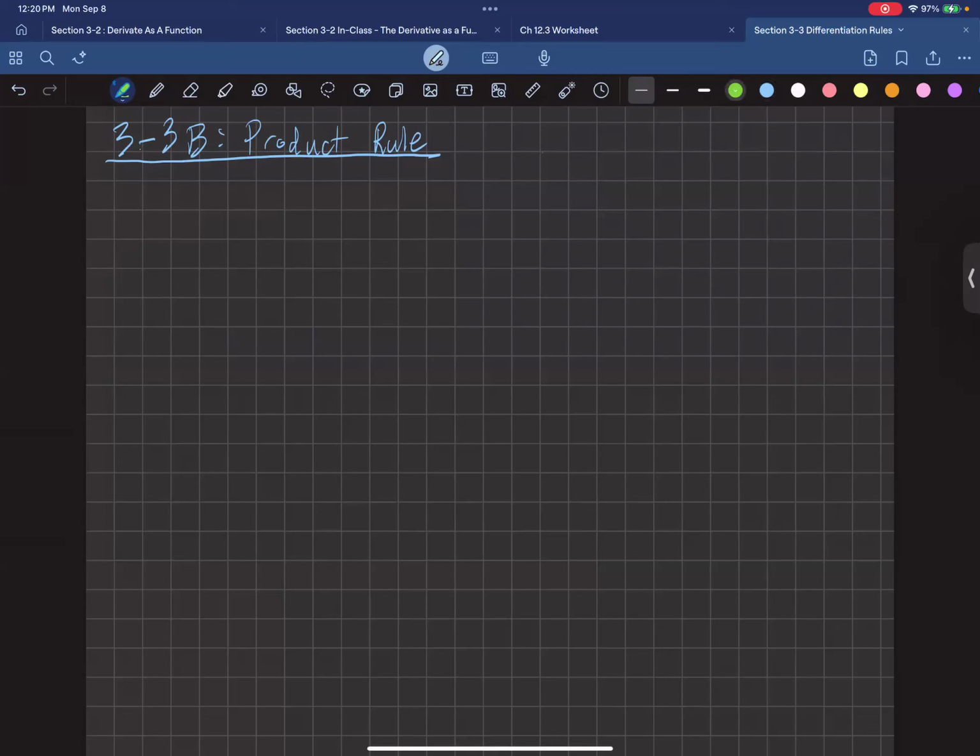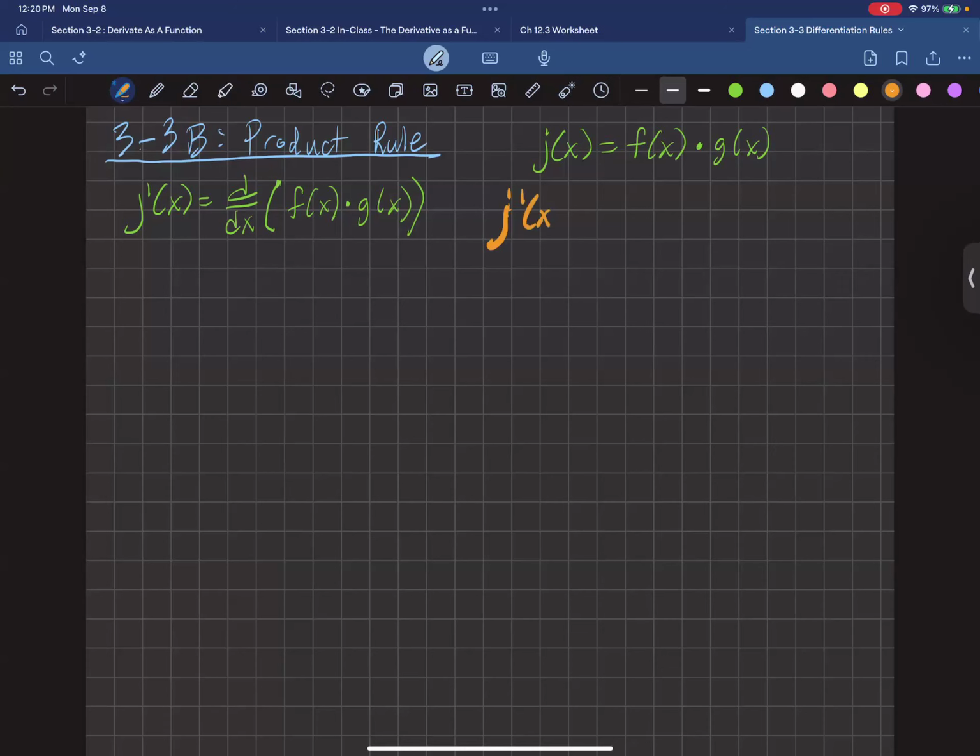So this is when we have J of X equals F of X times G of X. And so we want the derivative. J prime of X is the derivative of F of X times G of X. And when we work that out, I was doing the other ones in big, thick yellow, so I'm going to do that here.